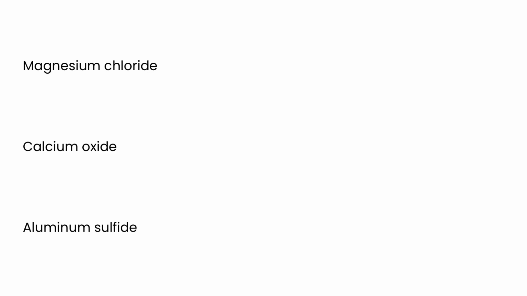So now that we have that information, let's take a look at a few examples and how we come up with the chemical formulas. So let's start with magnesium chloride. We're going to look on our periodic table and find that magnesium is Mg, and then chloride means chlorine, so that is Cl. And using our periodic table, magnesium's a +2 and chlorine is a -1.